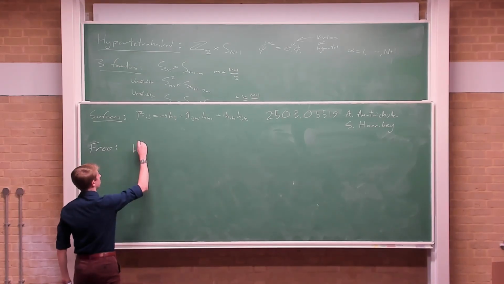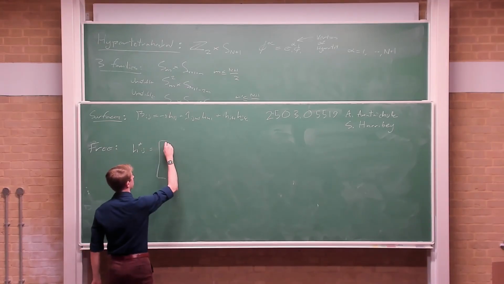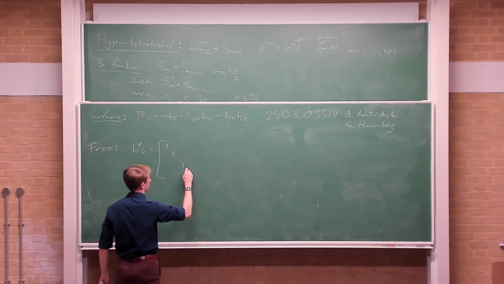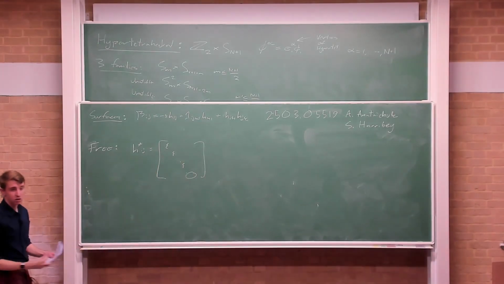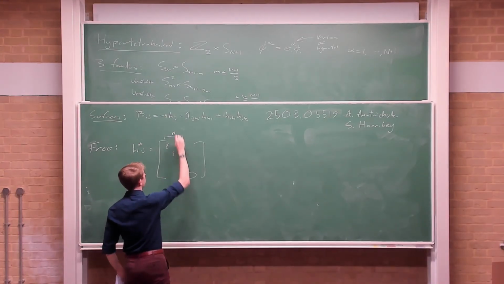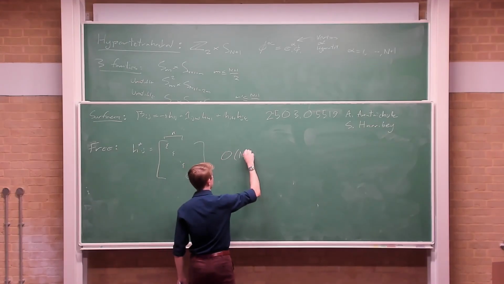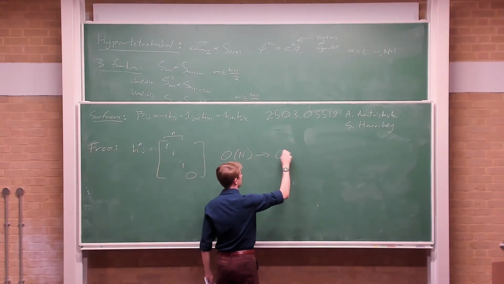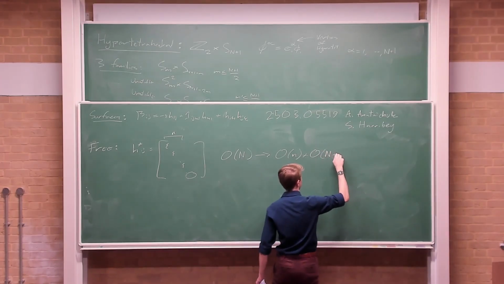So the fixed point will always take the form where we put a certain number of epsilons along the diagonal. We can choose, say, n of them, and then the rest are 0. And this will break the bulk O(N) symmetry to O(n) cross O(N minus n).